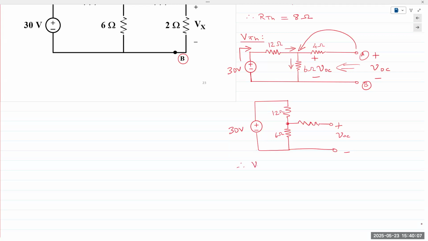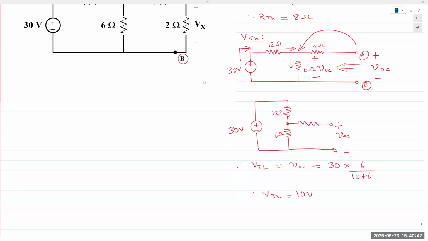You can write VTH is equal to VOC is equal to a fraction of 30 volts and apply voltage division. So 6 divided by 12 plus 6 should be 10 volts. 12 plus 6 is 18, divided into 3 equal parts, 6 plus 6 plus 6.